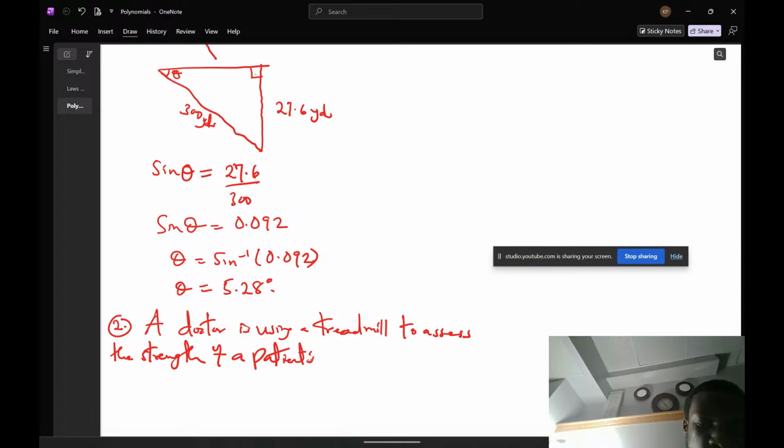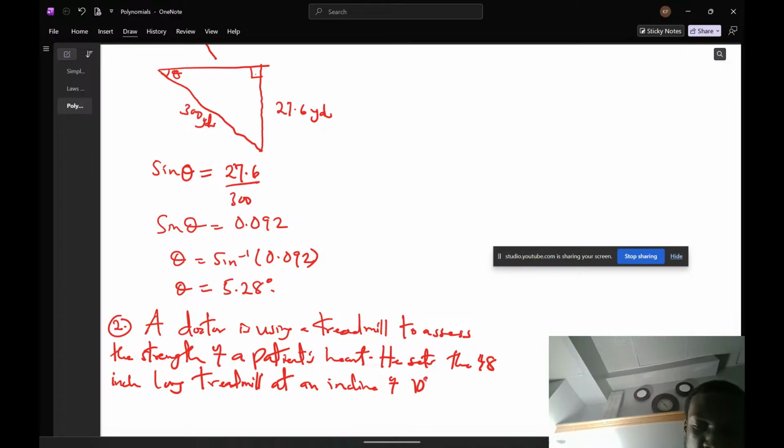The 48-inch long treadmill is set at an incline of 10 degrees. How high is the end of the treadmill raised?